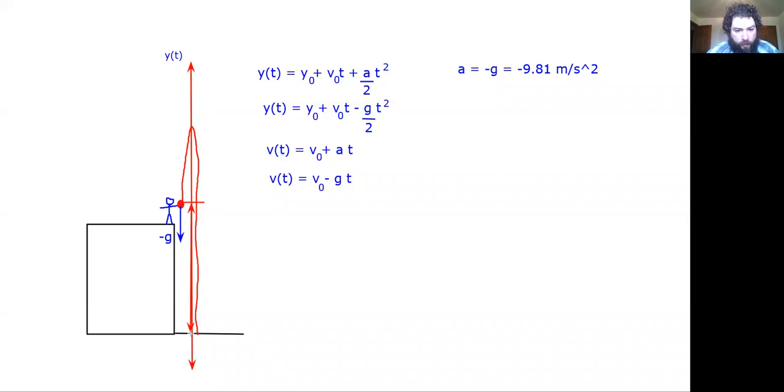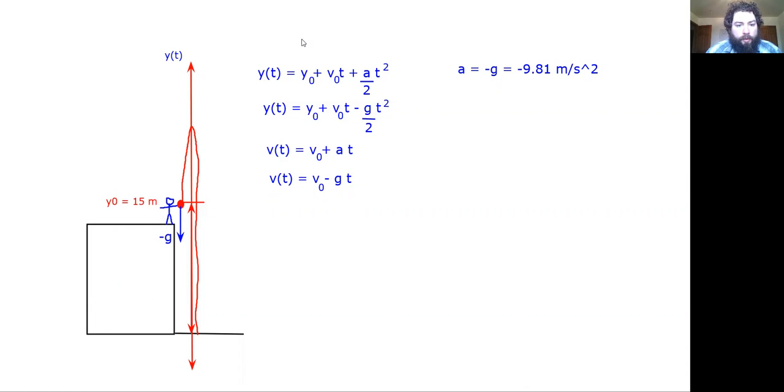That's that distance there. We're going to call that y0, 15 meters. And I'll put that up there where it actually is, right there.